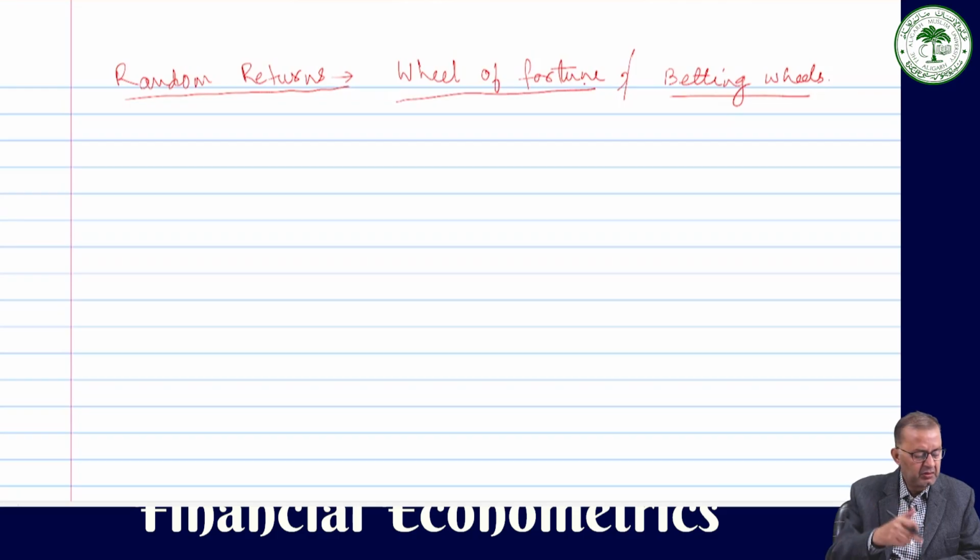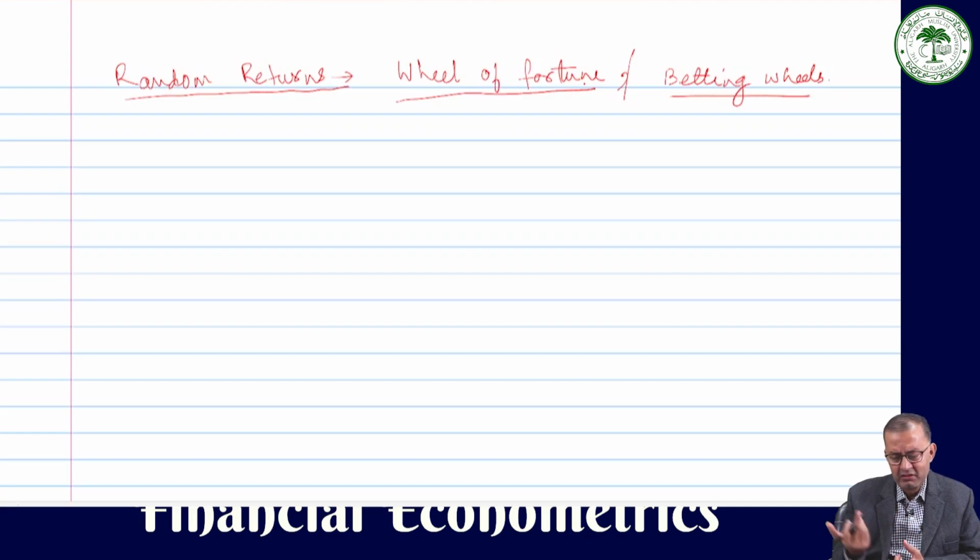The wheel of fortune is a wheel where when we spin the wheel, the chance of landing at a particular spot shows the amount of return that you will be getting.